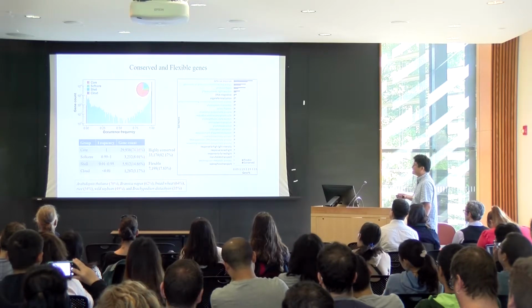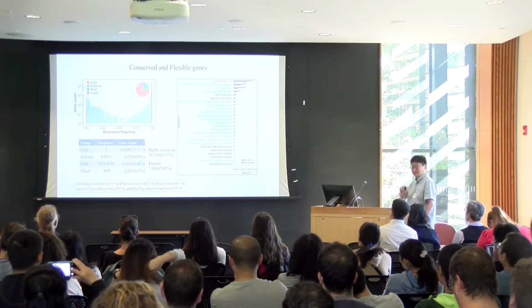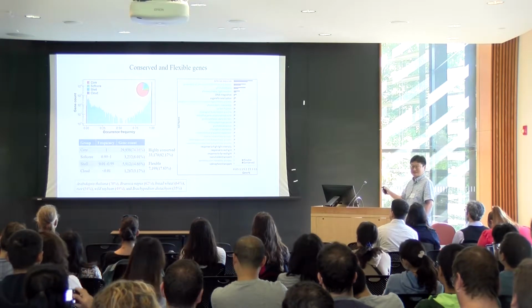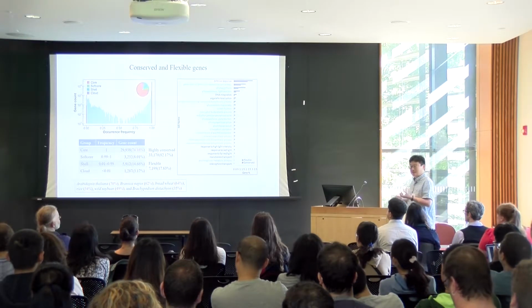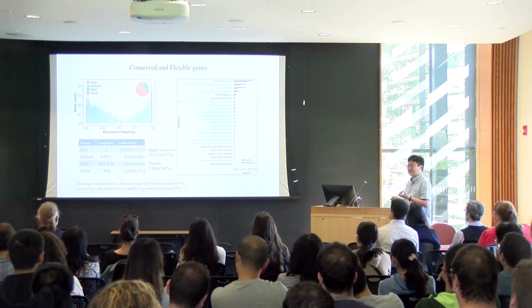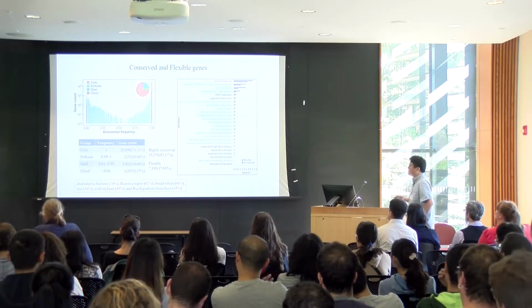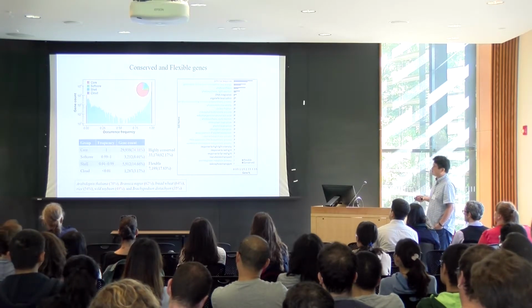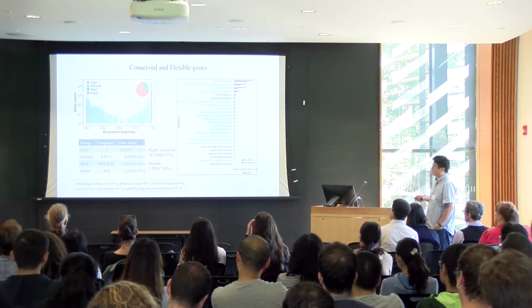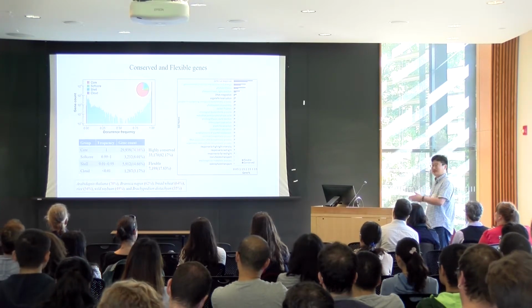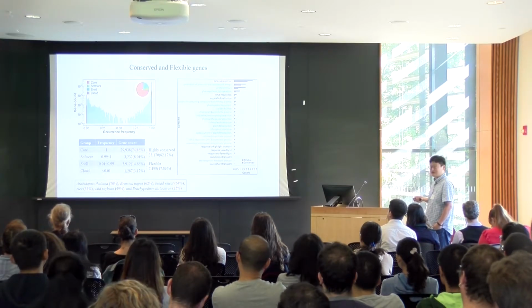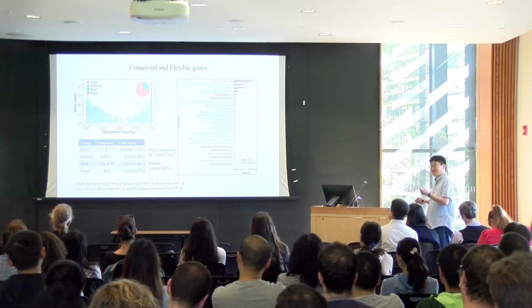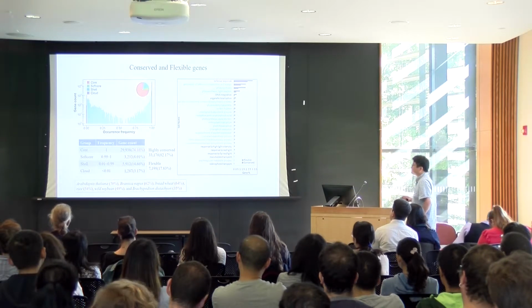The core genes are present in all the accessions, 100%. The soft core, in our study, is greater than 99% but less than 100%. And we have shell genes, which are present in 1% to 99% of the accessions. Then cloud genes, these genes are quite unique. They are present in less than 1% of the accessions.